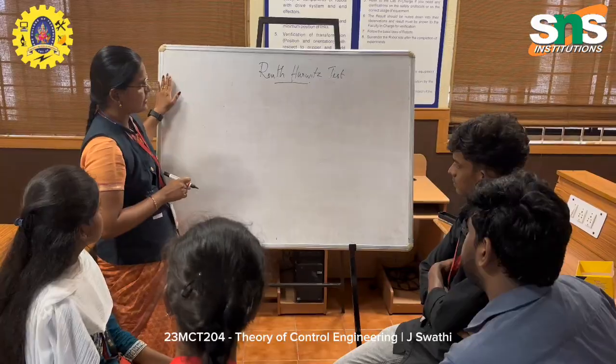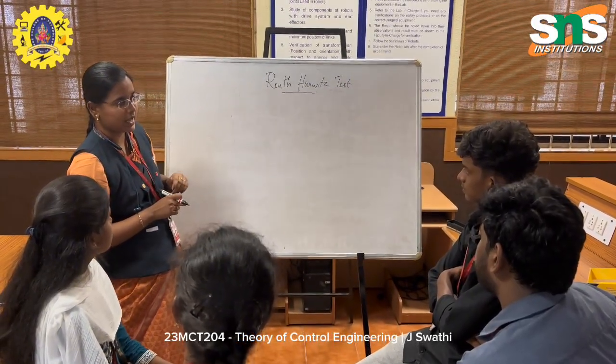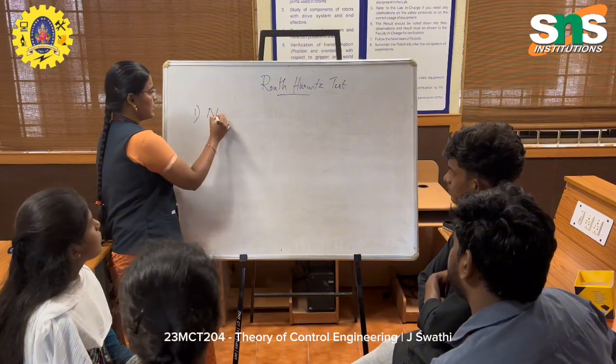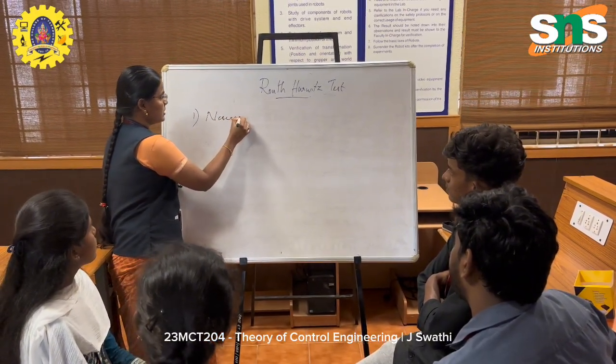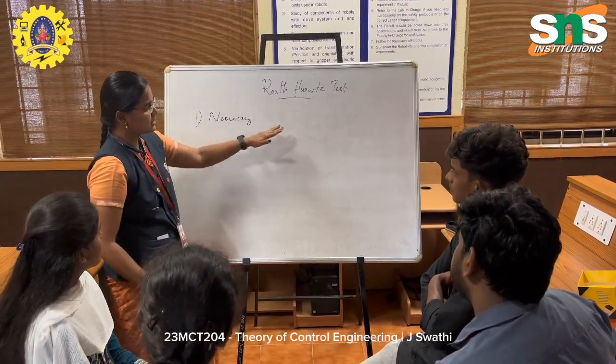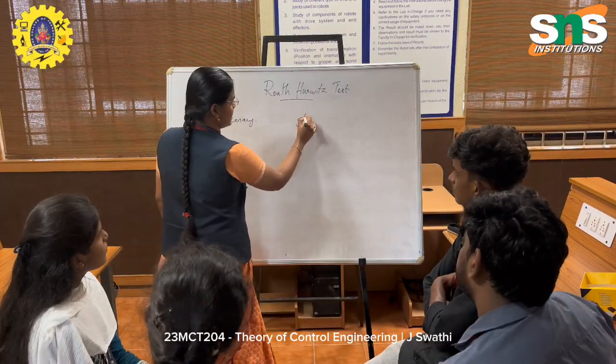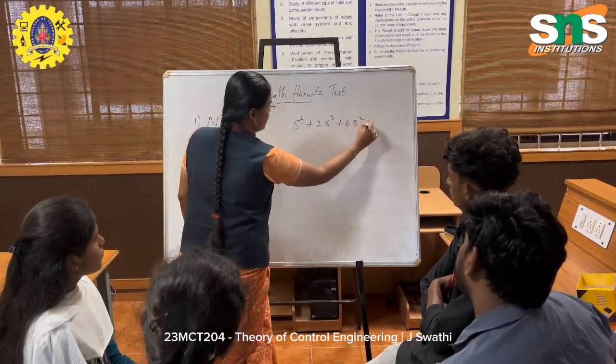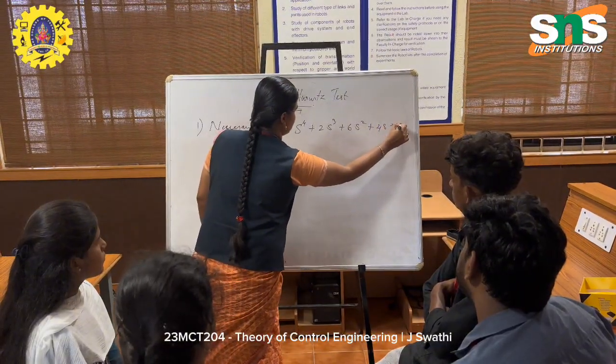So first, if I want to find out whether a system is stable, I have to go with two conditions to be satisfied. The first condition is the necessary condition. What is the necessary condition? Let us take a characteristic equation like s power 4 plus 2s cube plus 6s square plus 4s plus 1 equal to 0.